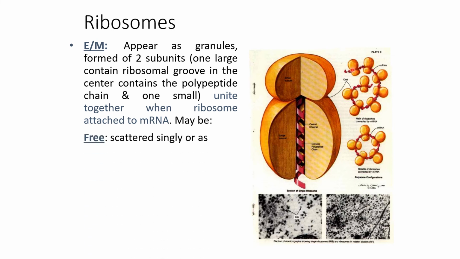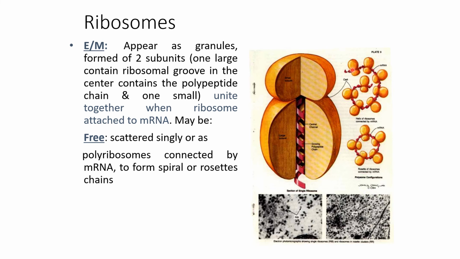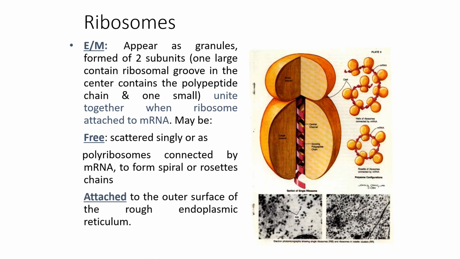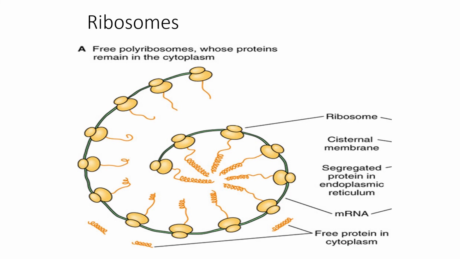The ribosomes may be free, single, or polysomes connected by the messenger RNA forming rows or spirals, or may be attached to the rough endoplasmic reticulum. Here are ribosomes, small subunit and large subunit, attached together by the messenger RNA, producing protein.